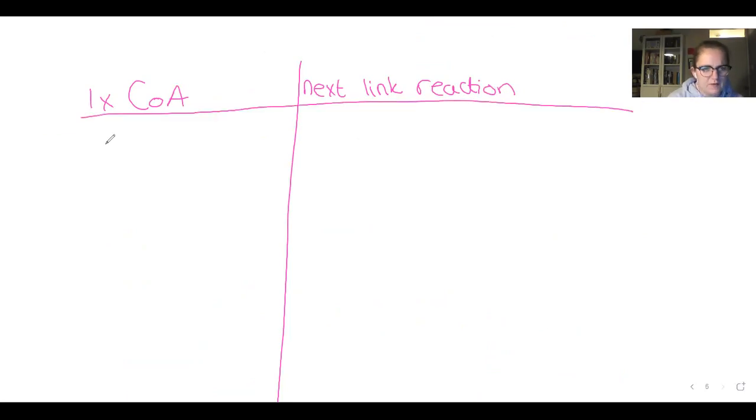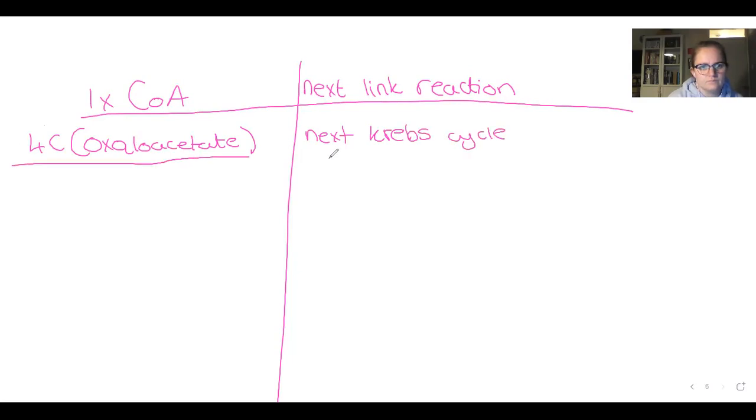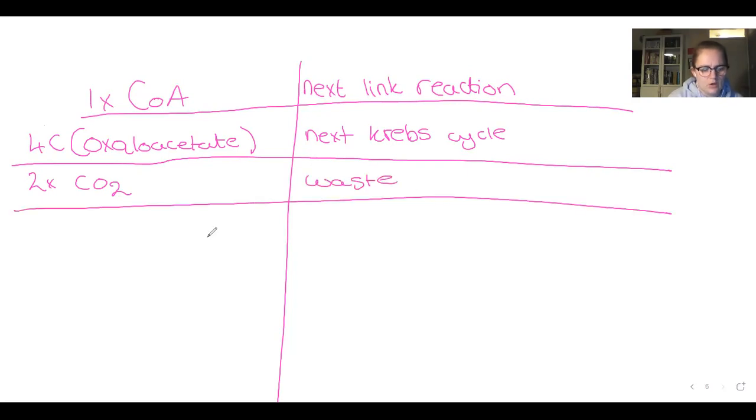We have got our 4-carbon compound, oxaloacetate, and that is going to be used in the next Krebs cycle. We have got 2 molecules of carbon dioxide, and they are waste. We have got 1 molecule of ATP, and obviously that's going to be used for energy.